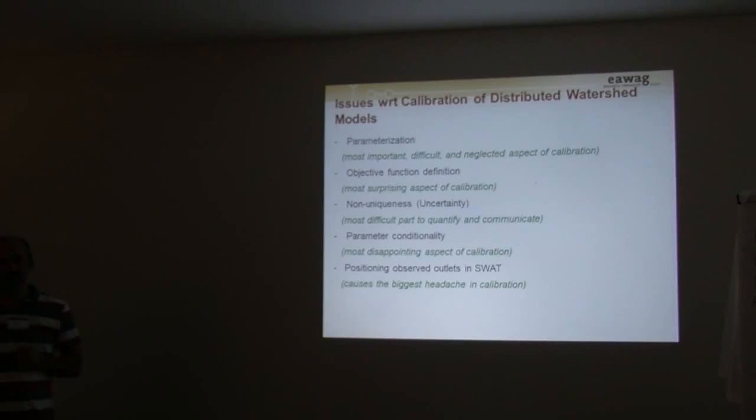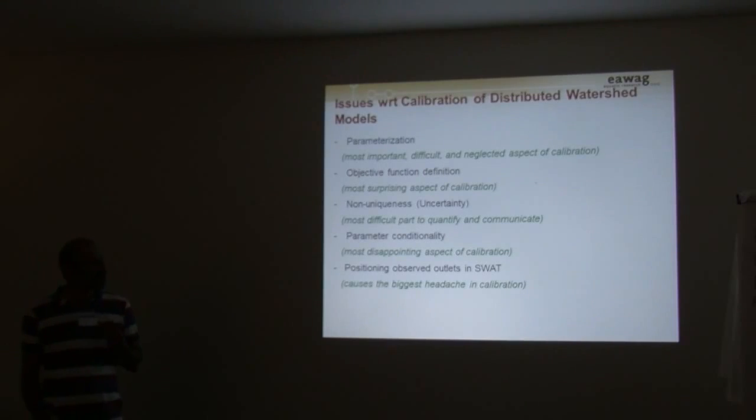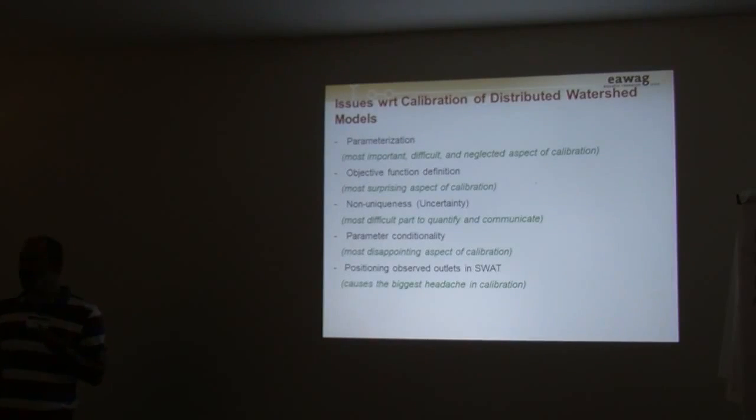These outlets are partly observed outlets that you have to put exactly where you made the observation, right? But often, if you have the slightest error in the coordinates of that outlet, they go on the wrong river or the adjacent river, or instead of being on the main river, they go on a tributary of that river. I will show you some pictures after. And that creates a major headache for calibration.